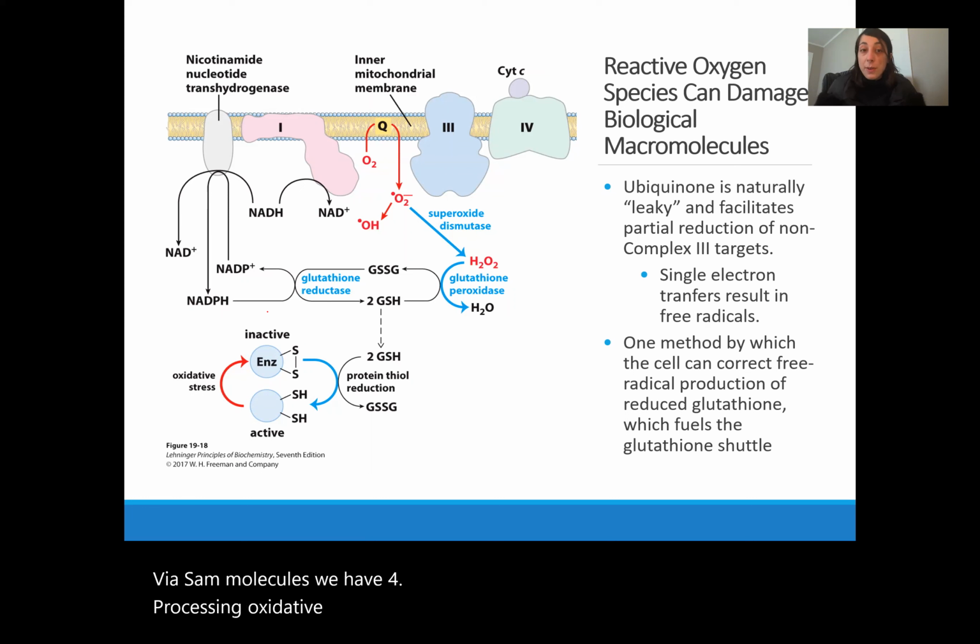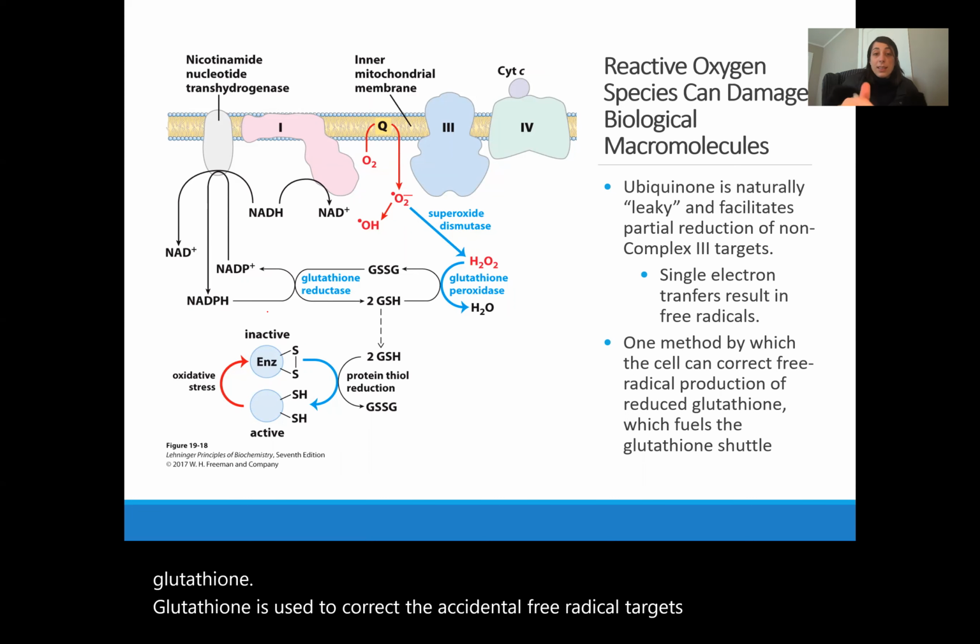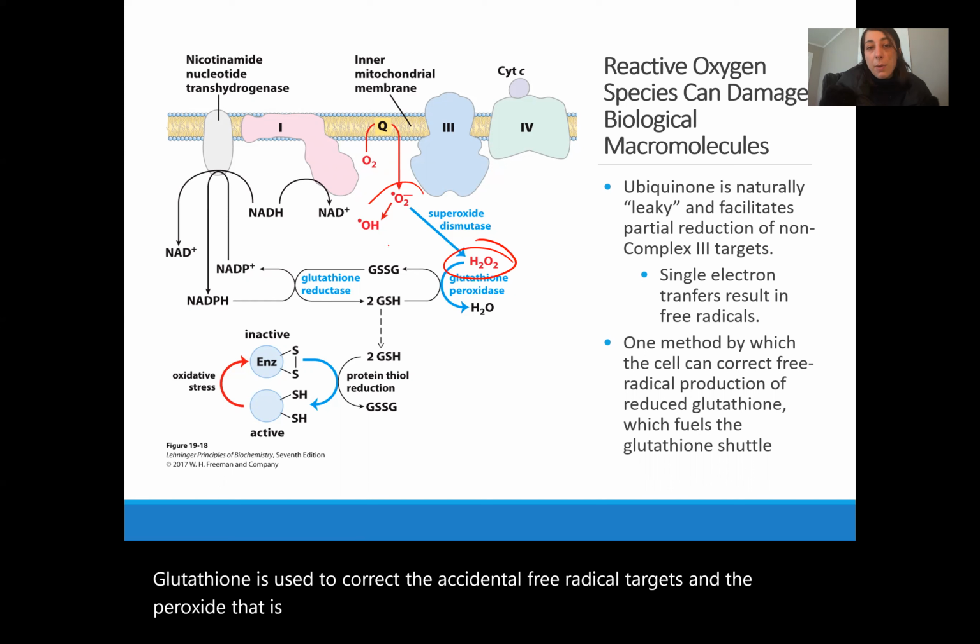We've talked about these already. They are glutathione. Glutathione is used to correct the accidental free radical targets and the peroxide that is ultimately made from our free radicals.